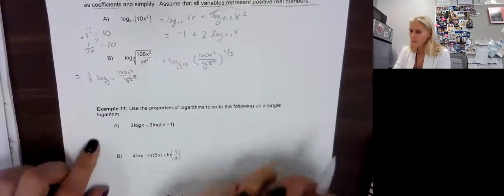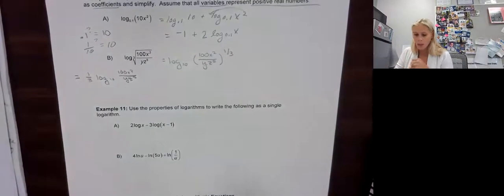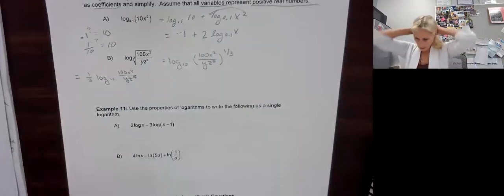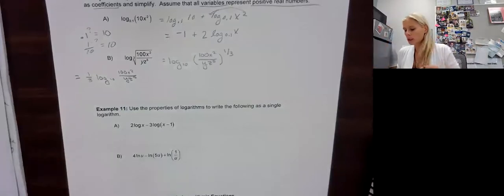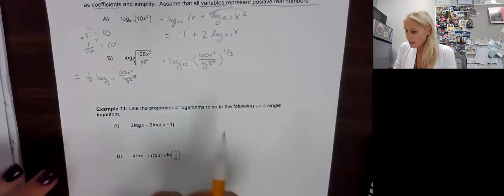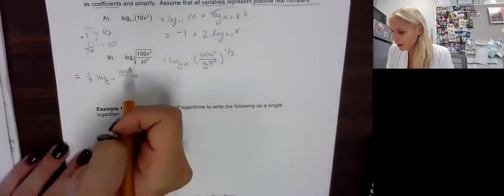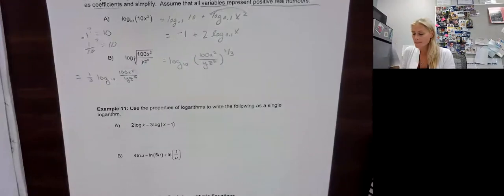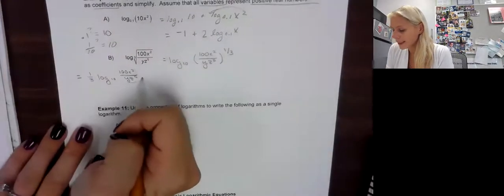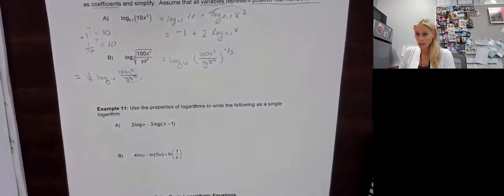Now remember, we're expanding, so let's keep going. What does division mean? Division means subtraction, and multiplication means addition. So I'm going to give you a trick right now, okay? Whatever's in the numerator has an addition sign with it. Whatever's in the denominator has a subtraction sign with it.